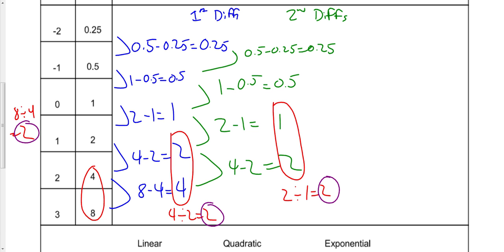Okay, so if I wanted to go from 2 to 4, I multiply by 2. From 4 to 8, I multiply by 2. And so the next number down, if I kept going in this table of values, would be 16. And I know that because I can multiply 8 by 2 to get 16. So this is an exponential relationship.